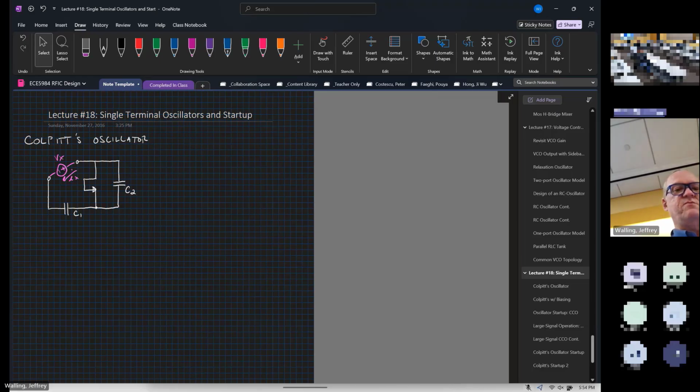So let's replace the transistor with a small signal model.